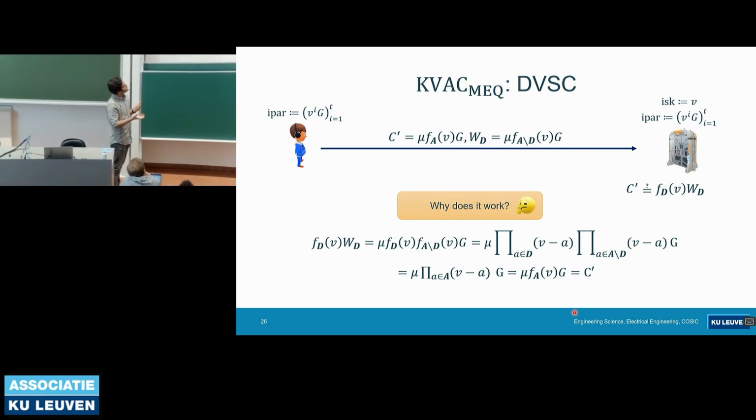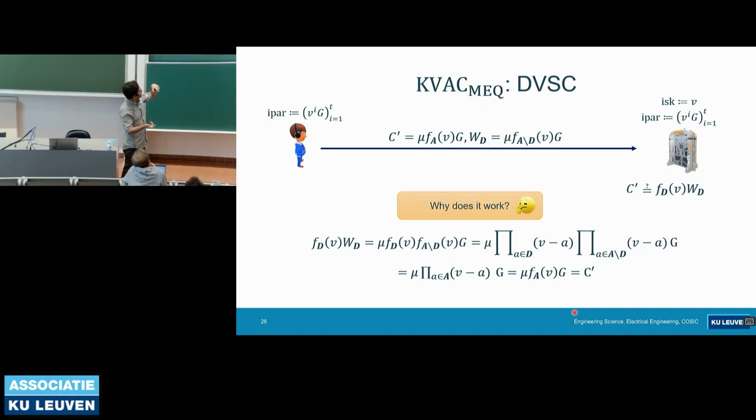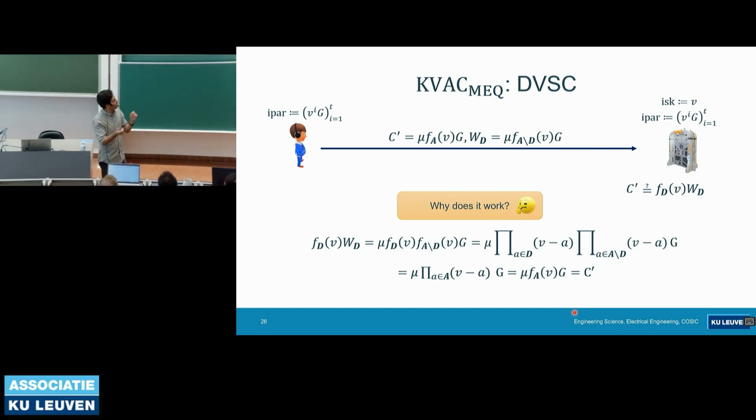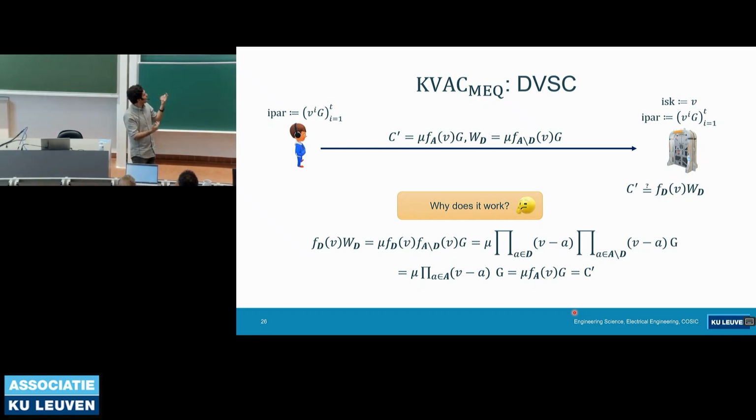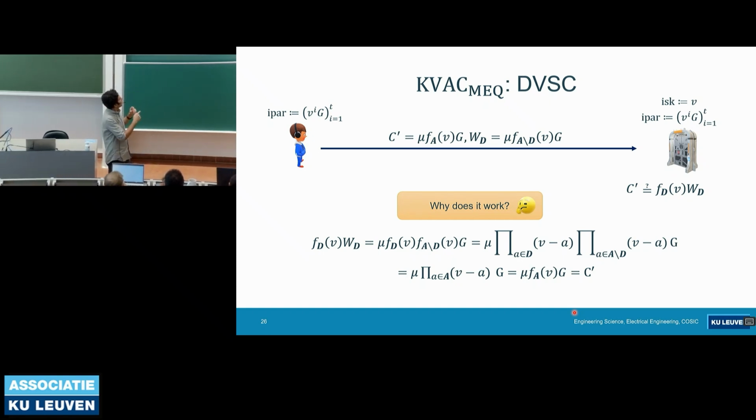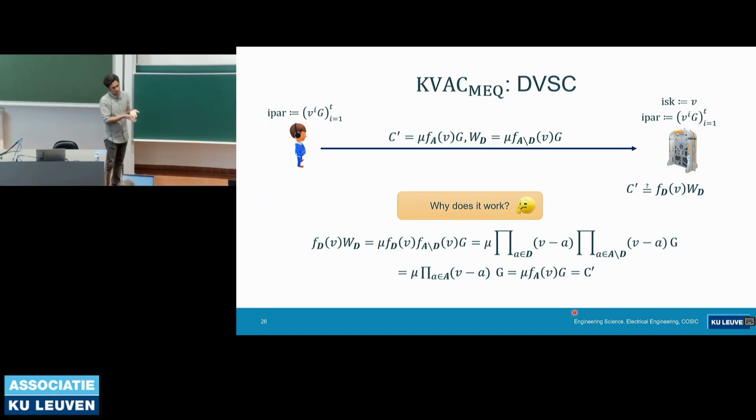And why does it work? Because as you can see, f of V multiplied by WD equals mu f of V for D and f for set A minus D. And if you open that, the first one is the product of all V minus a for a in set D. And the second one is the product of all V minus a for a in set A minus D. And so at the end, you have mu multiplied by the product of all V minus a for a in set A. And then at the end, you have mu f v for set A times g, which is C prime.